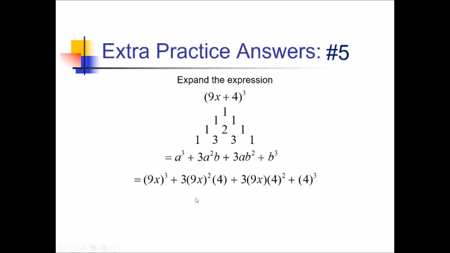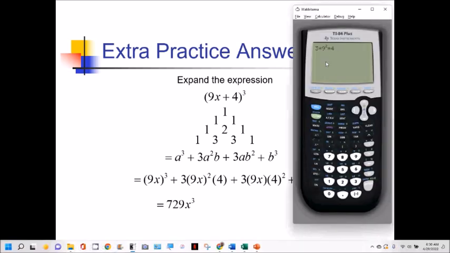Going through and simplifying all this, 9x to the third, well, let's see here. I have to cube each of these. What's 9 cubed? 9 times 9 is 81. 81 times 9, I believe that's 729. So 729x cubed. But I could use a calculator here if I needed to. And then we've got 3 times 9 squared times 4. I think I'll use a calculator for that.